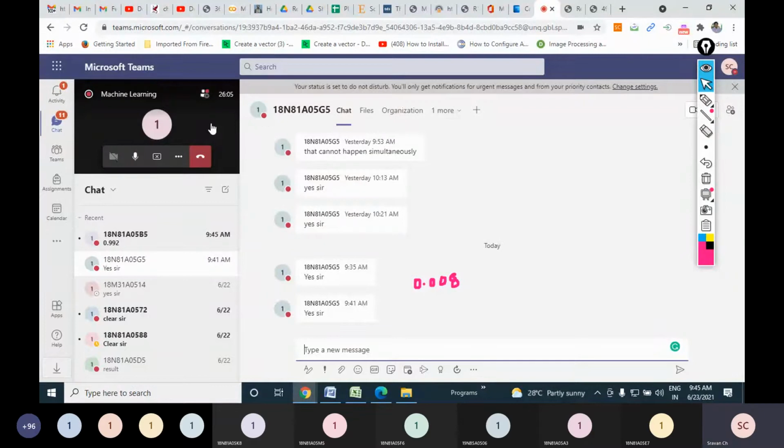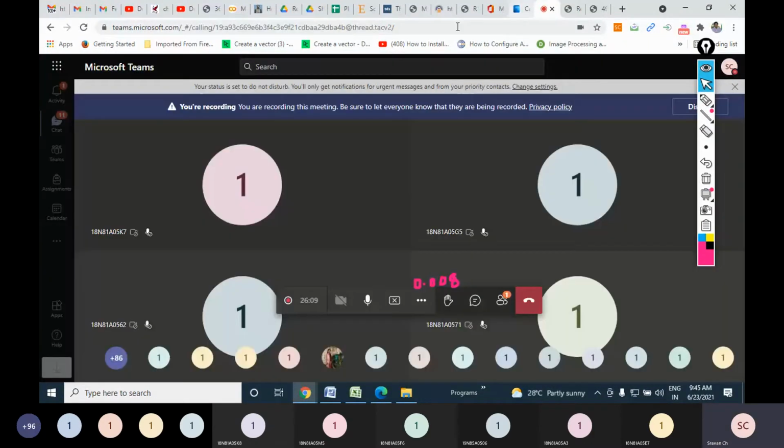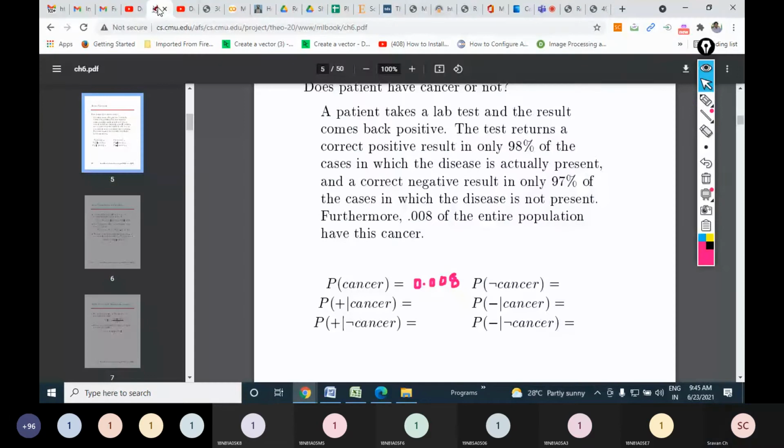Excellent, excellent. The answer is very simple: 1 minus 0.008, which is 0.992.